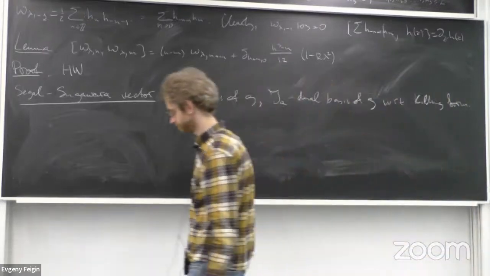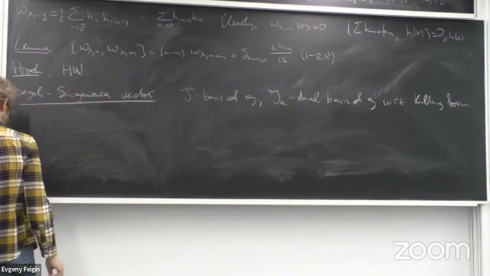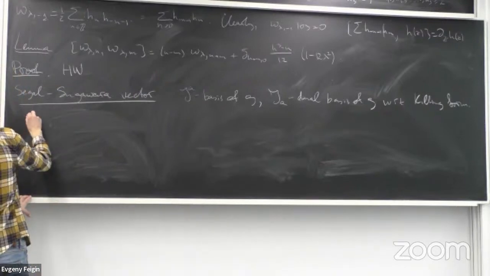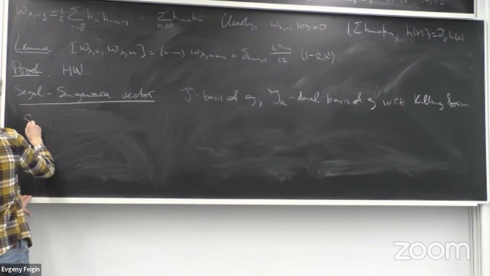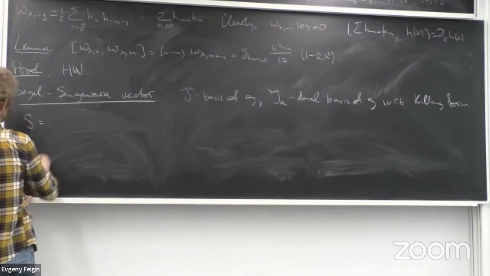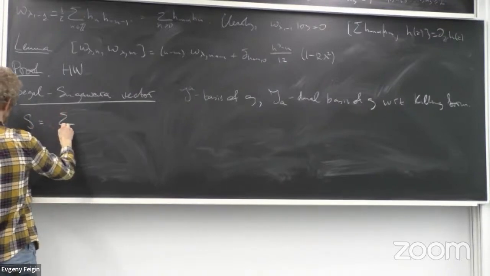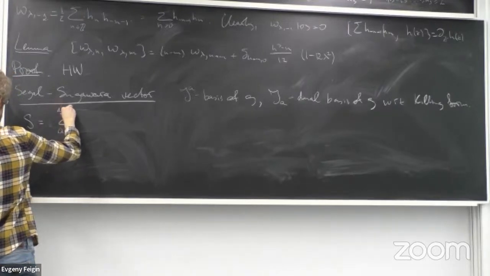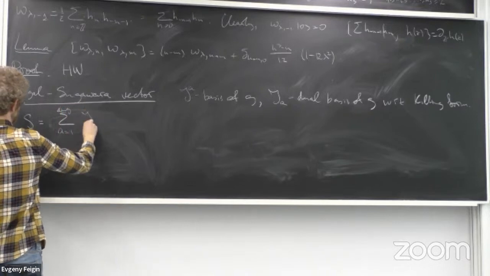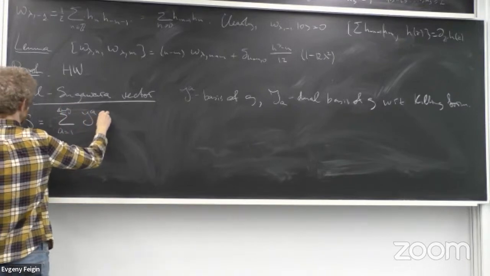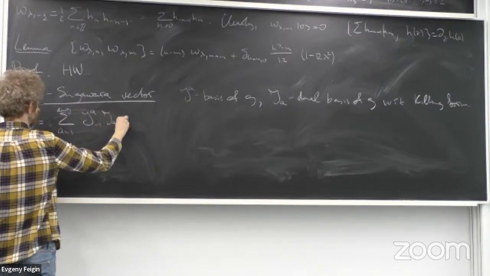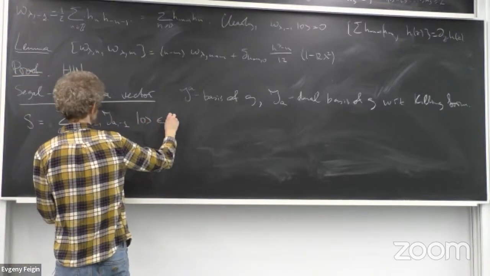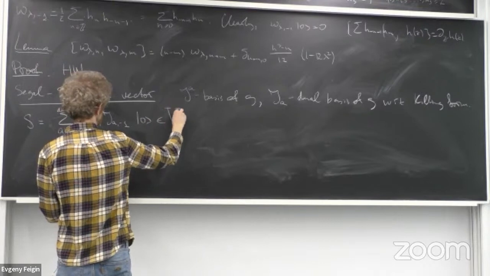Then I denote by S the vector, one half, sum a from 1 to dimension of g, J^a_{-1} J_{a,-1} applied to the vacuum, and this sits in V_k.